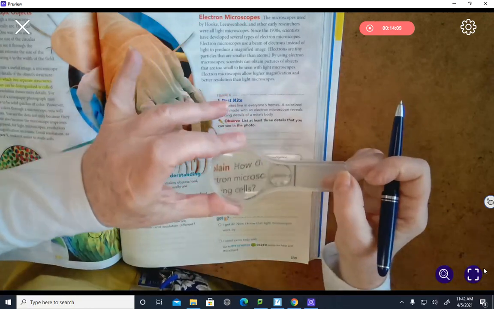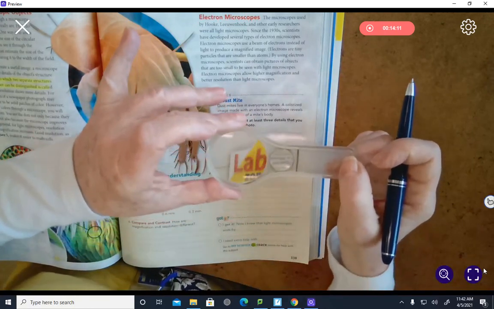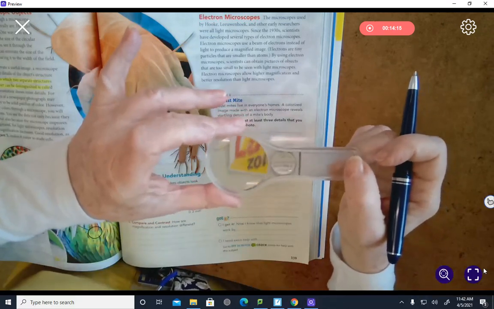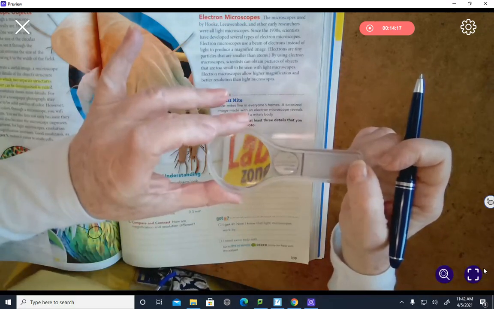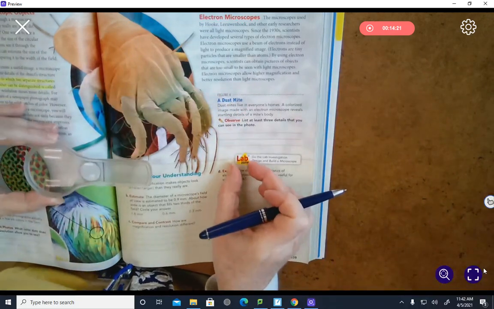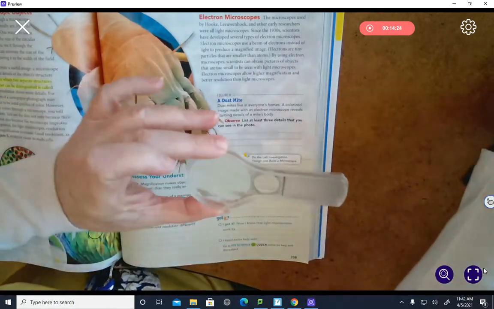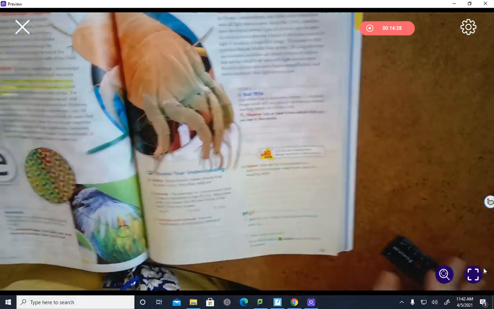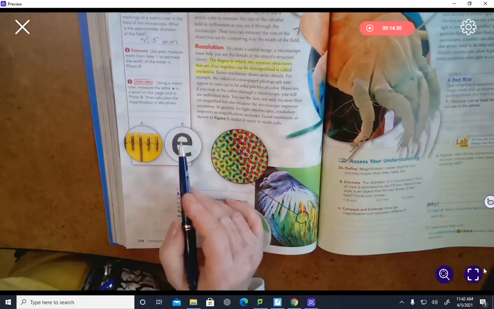So the word lab kind of fills up my lens like here. So how big is the real lab word? I know right now we can just move the lens and measure it at the metric side, obviously. But if it's teeny tiny like this, how do you figure this out?